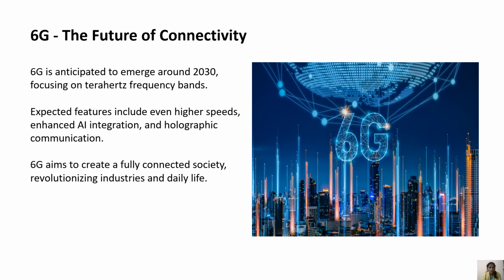Expected features include even higher speeds, enhanced AI integration, and holographic communication. 6G aims to create a fully connected society, revolutionizing industries and daily life. We can hope that the 6G network will be a much faster network.